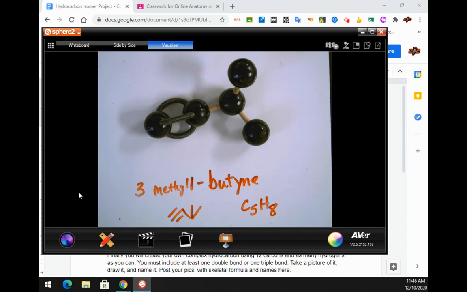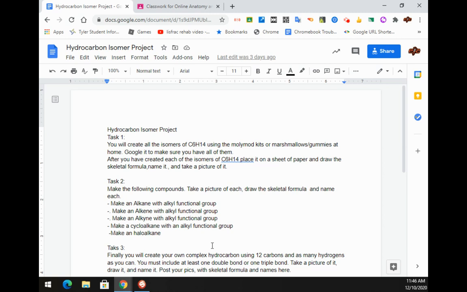So there's the first one, like I just did for you. Good? Take a picture of it. Okay. So then the next one that we'll go to is a cycloalkane. Cyclo just means it's in a circle or it's in a geometric shape.